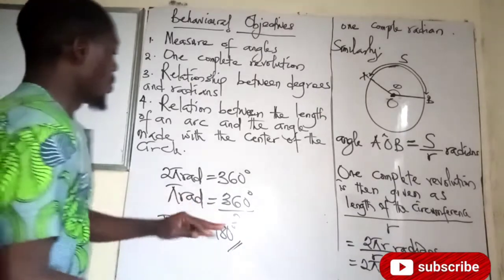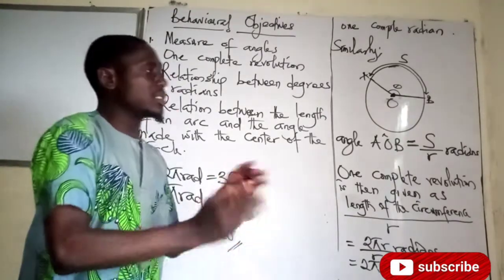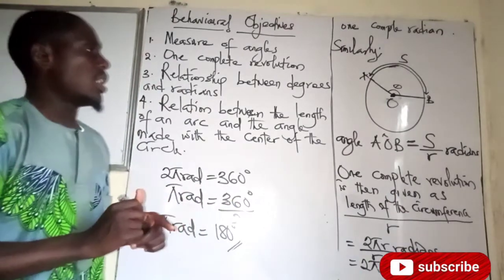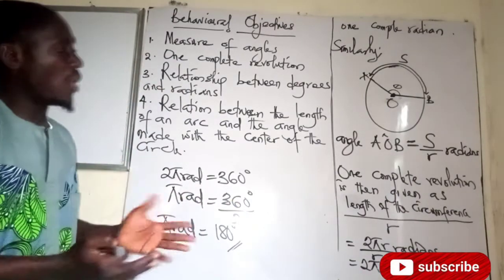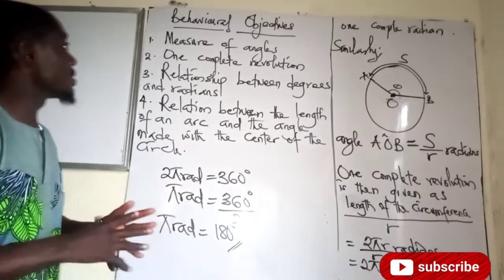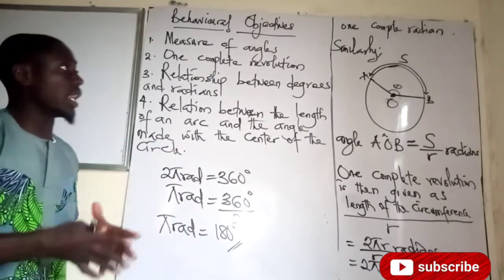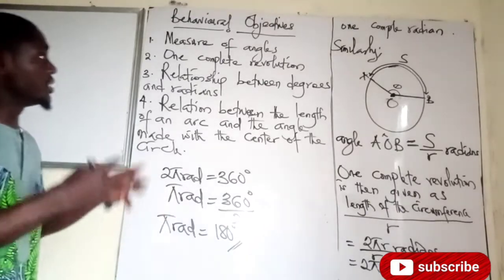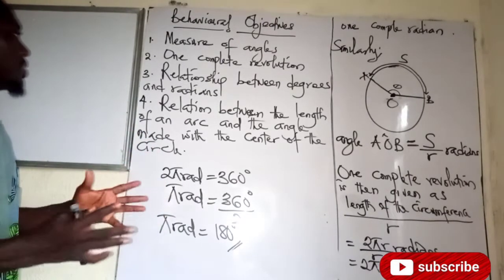Can you see how we are relating radians and degrees? So far we've discussed measure of angles, we've discussed complete revolution, we said it is 360 degrees. We made mention of the relationship between degrees and radians.